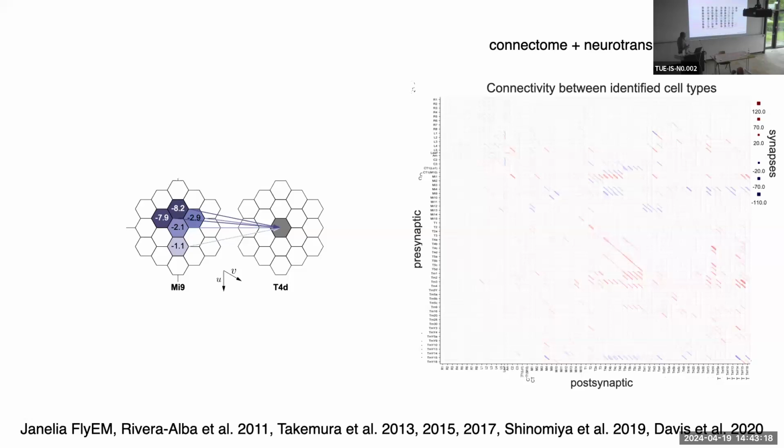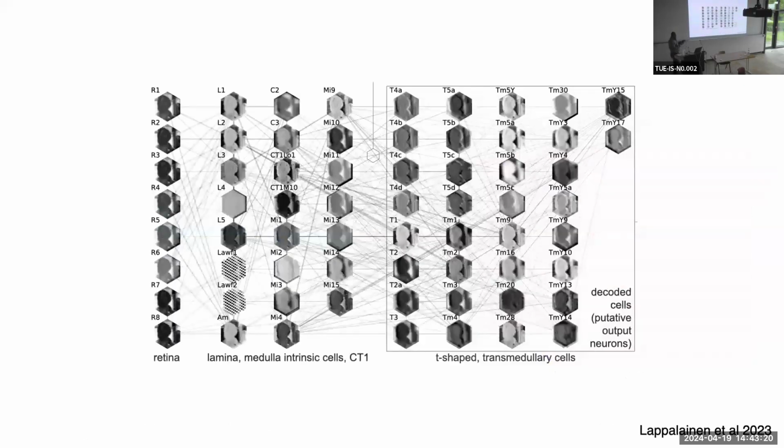So using these measurements, we can now put together a simulation that looks somewhat like this. The goal is to be able to predict the activities of individual neurons here. Each hexagon is all the neurons of a particular cell type, and each pixel in this hexagon is one of those neurons.